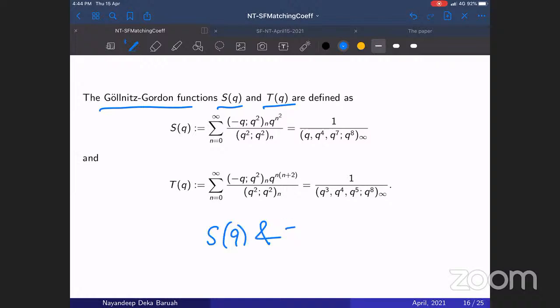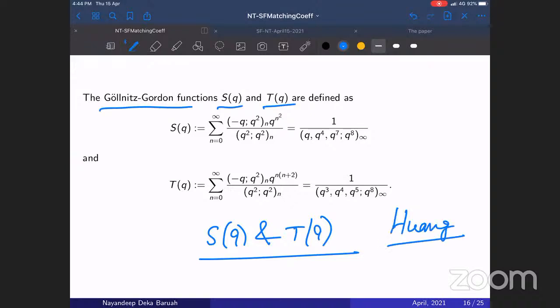So SQ and TQ are also connected by modular relations, and those were first found by Wang. Many of them were found by Wang, then Chen and Huang, then Jia and Yao. They also found some new results. Then with my students Junali and Nipen, we found more results between SQ and TQ.